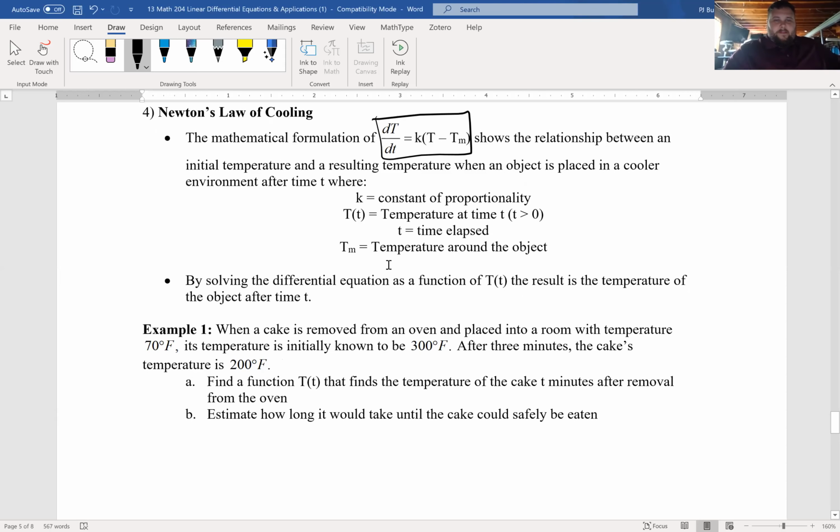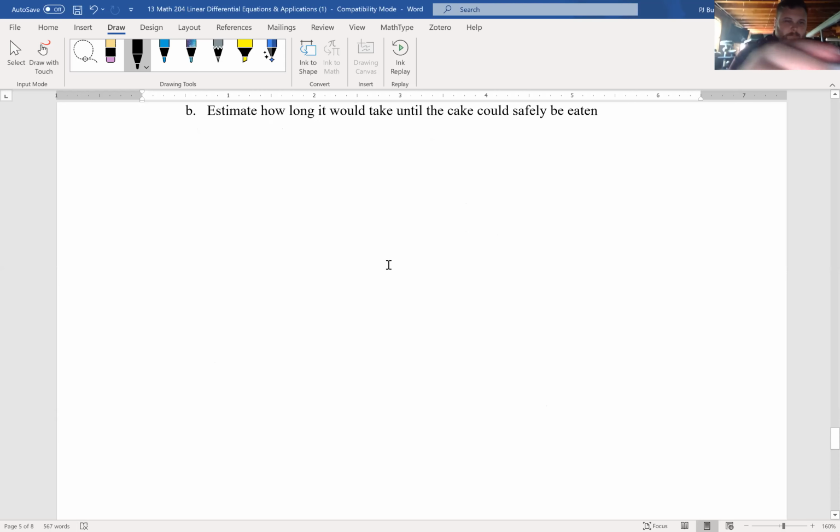So let me start with that differential. So I've got the derivative of big T with respect to little t equals k times T minus Tm. So let's do this using linear differential equations, since that's most fresh in our minds.